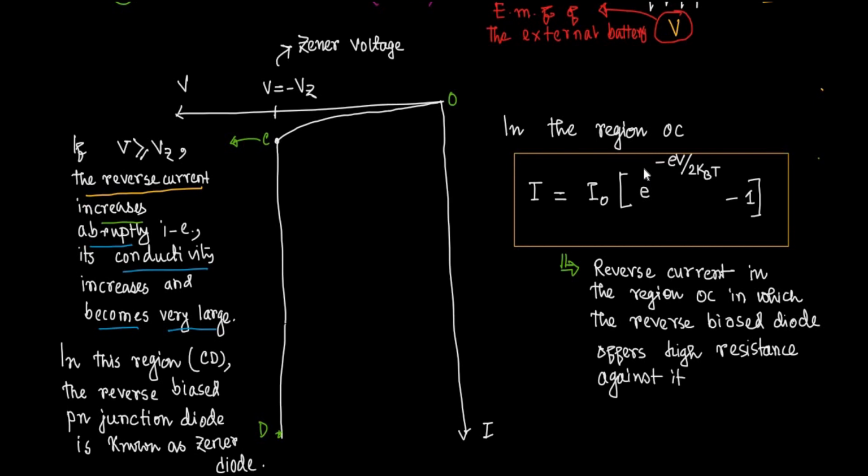And what about k? k is the Boltzmann constant. And capital T is the absolute temperature of the PN junction diode.